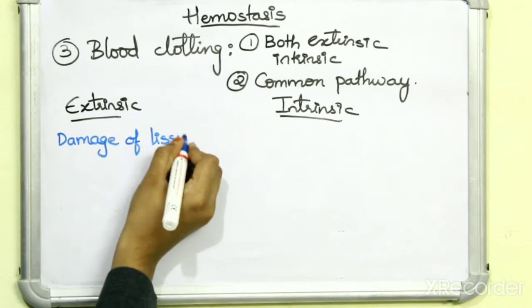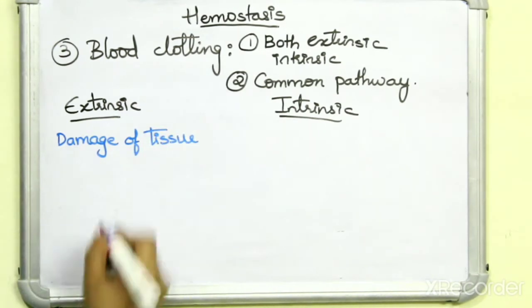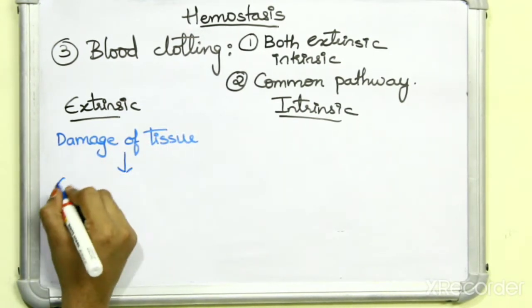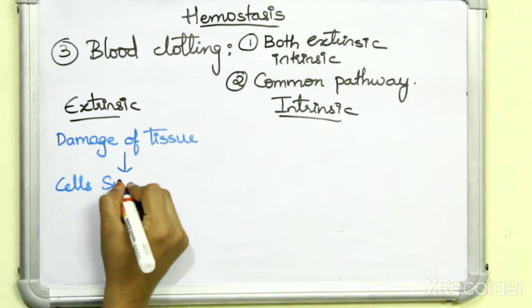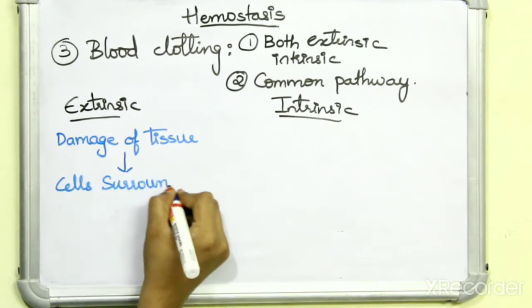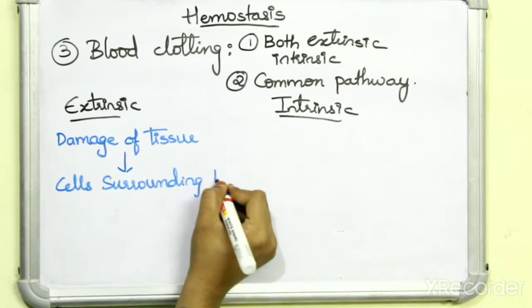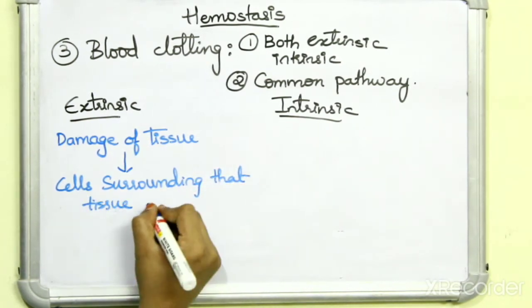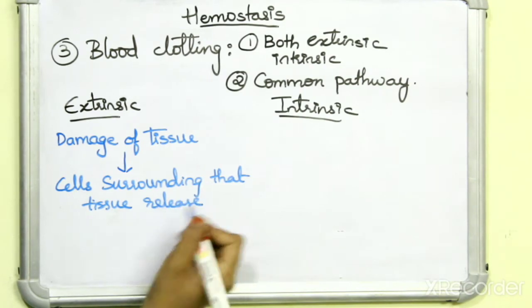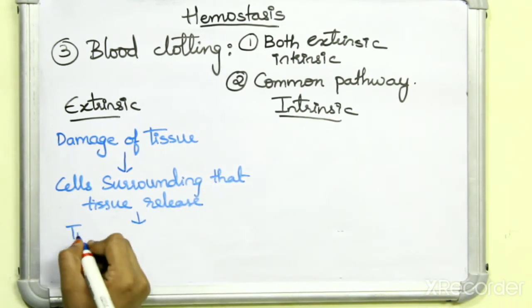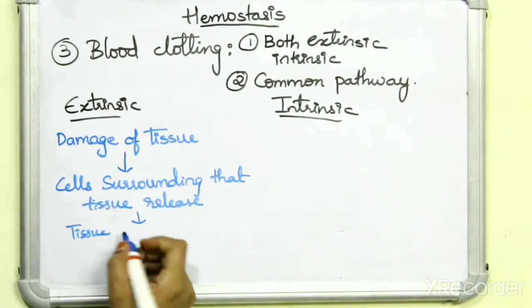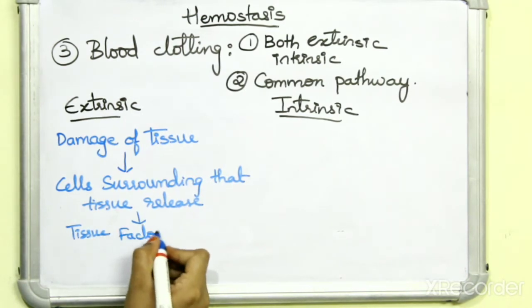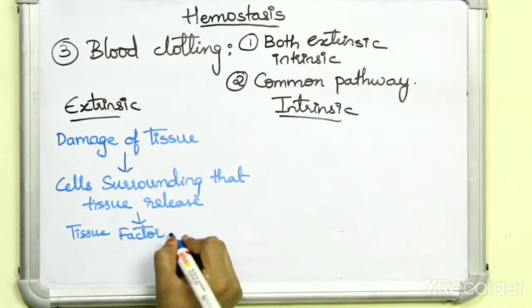So whenever there is damage of tissue, the cells surrounding the damaged tissue will start releasing a factor. That factor is nothing but tissue factor, or you can actually call it thromboplastin.